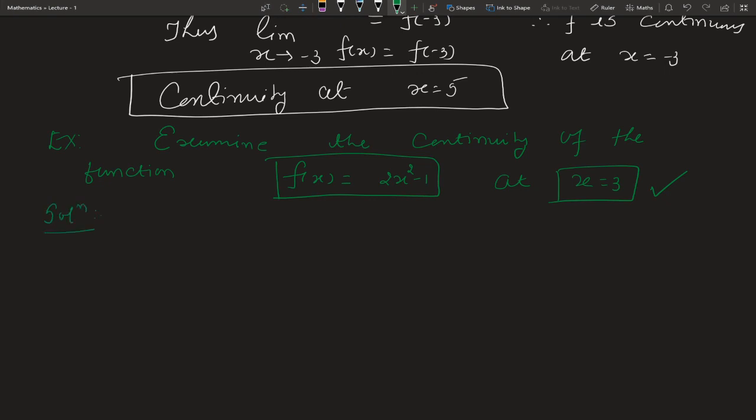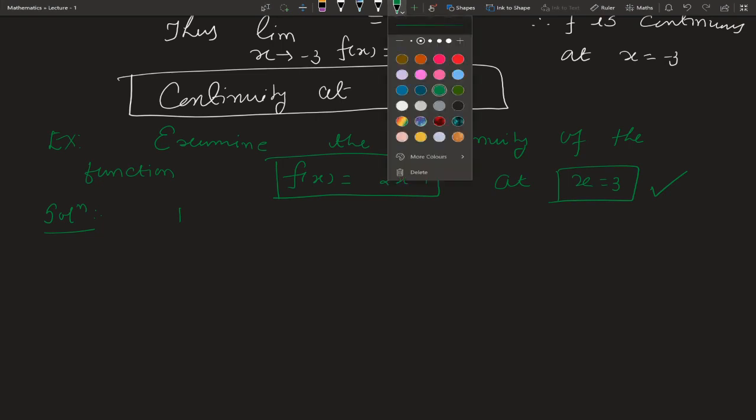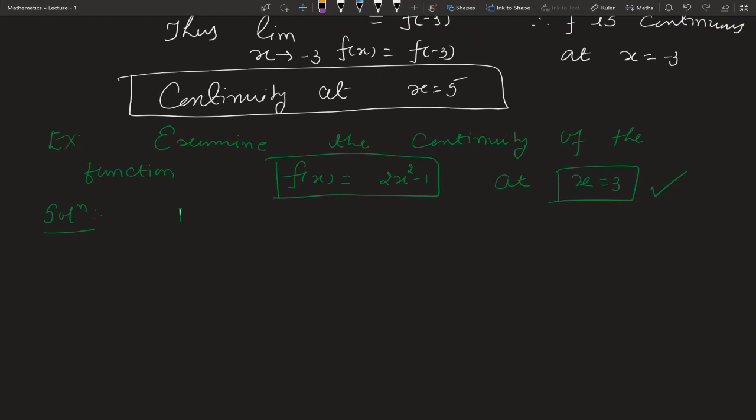Solution. As usual, first we evaluate the value of the function at x equal to 3. Here f of x equal to 2x square minus 1.